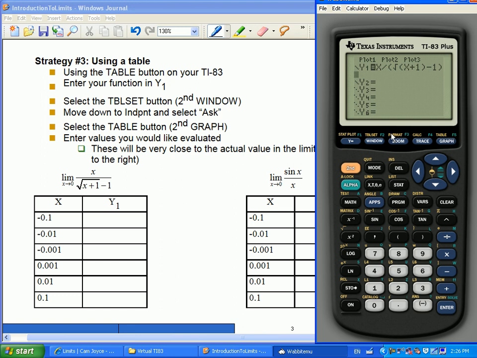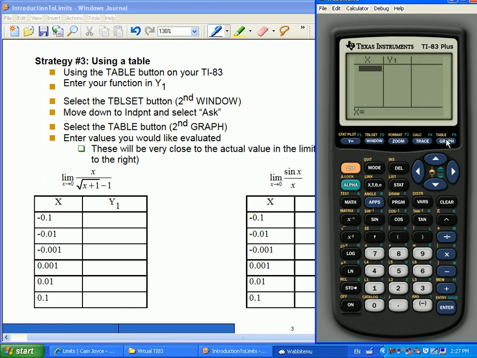But before we do that, we're going to go to table set. In that second function window, you want to make sure that it lets you ask for the independent. Otherwise, it tries to fill in the values for you, and it may not pick very interesting places to look. So make sure you move the independent to ask.